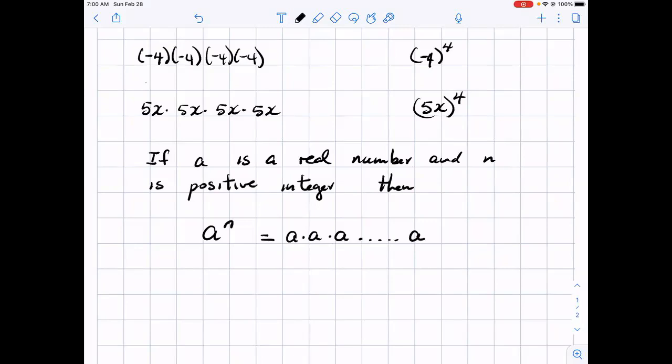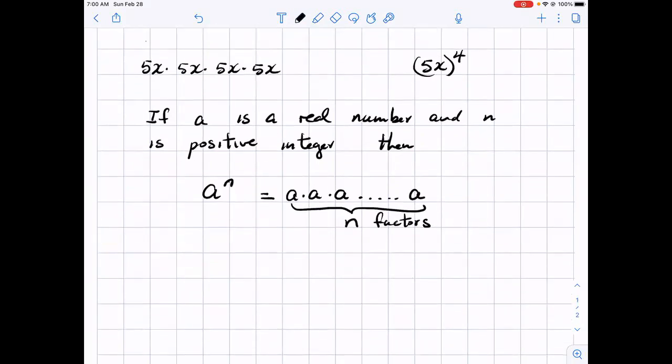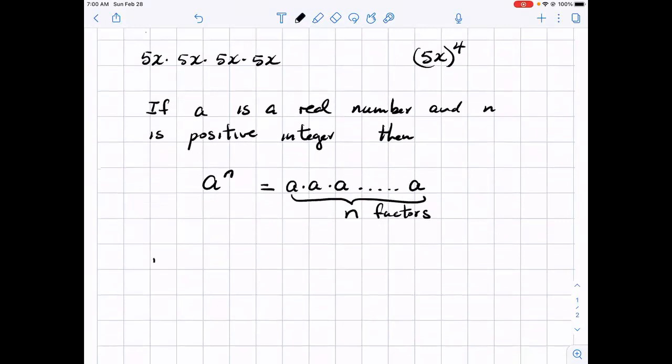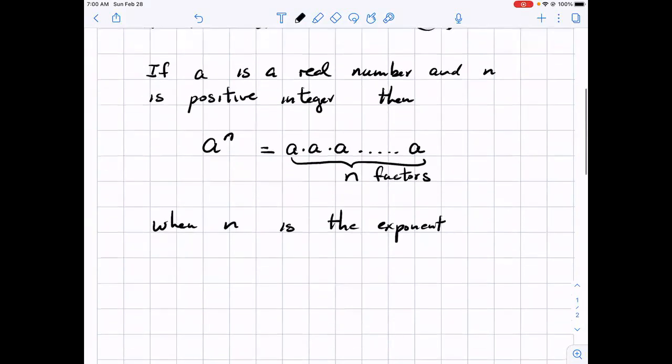Here we have n factors. So notice that n is the exponent and a is called the base.